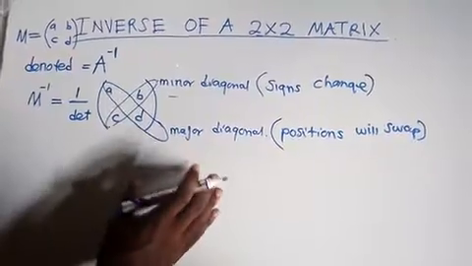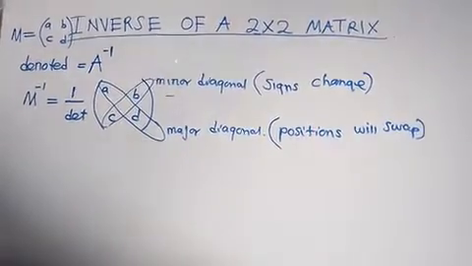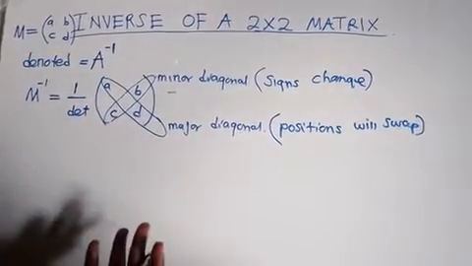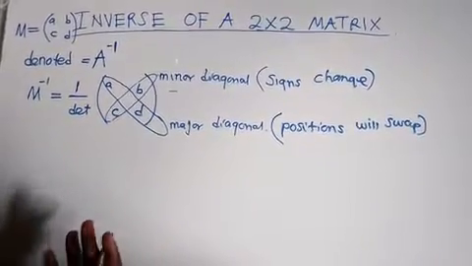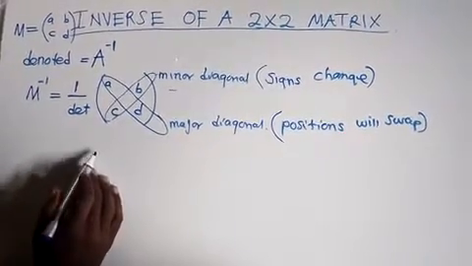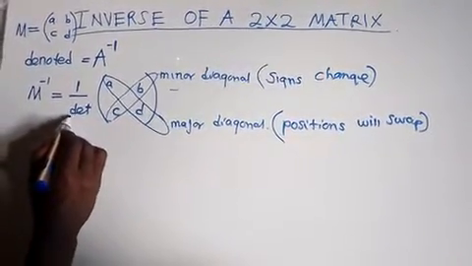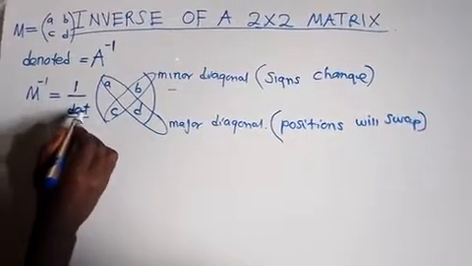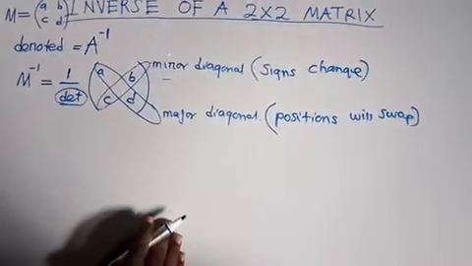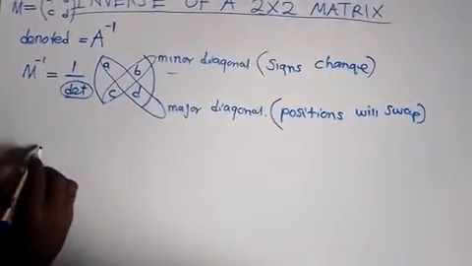Before I go deeper on this, let me give you something that will give you a picture in your mind so that you really understand what I'm talking about. From the little that I've explained here, you are able to tell that this is the determinant, which means whenever you are told to find the inverse, you need to have the determinant somewhere. So let's do this.